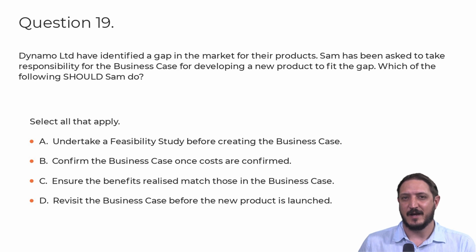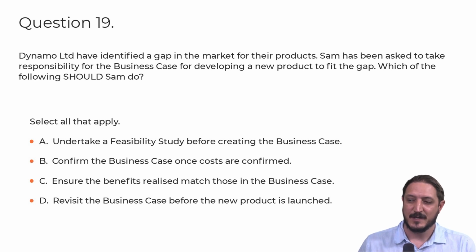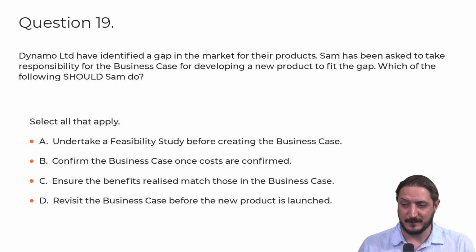We don't have, it's not going to align with the organization's technology. Maybe culturally it's not going to fit in. There's all kinds of perspectives we need to look at in terms of feasibility. So that's why a feasibility assessment needs to be done before a business case is presented to the organization and created. So this A is a very valid option here. So A is definitely one of the right options that we need to select.